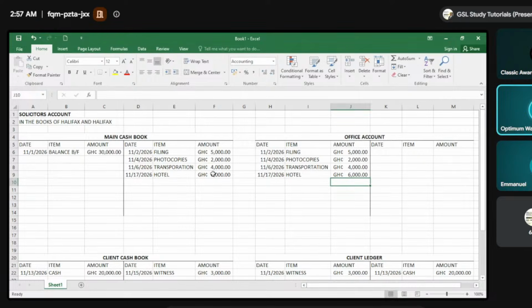Legal fees. Yes, it was legal fees. So we agree it's legal fees. So how do we treat legal fees?